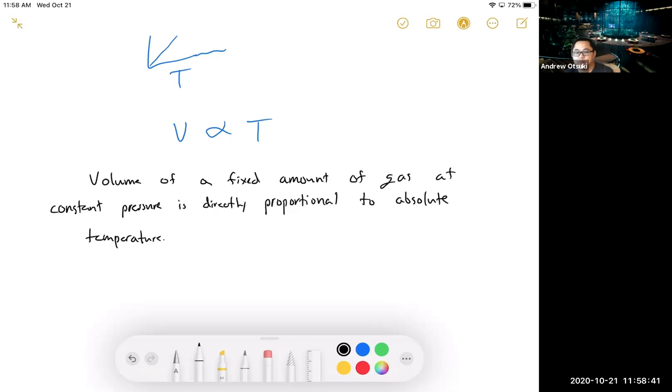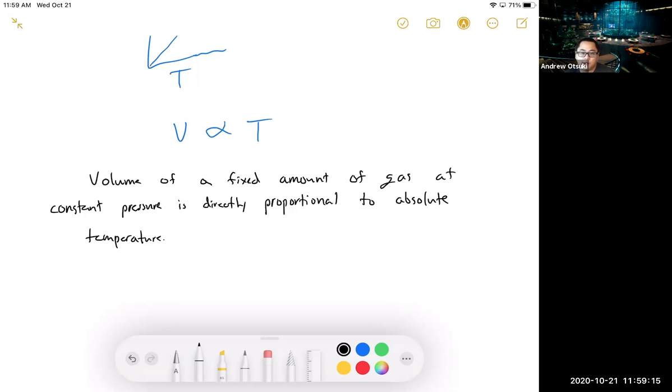For the type of questions you'll see, there are initial volumes or temperatures, and then a final volume or temperature, and you're asked to solve for either final temperature, final volume, or reversed, initial volume or initial temperature. So that's the kind of word problem you'll be expected to do. Okay.